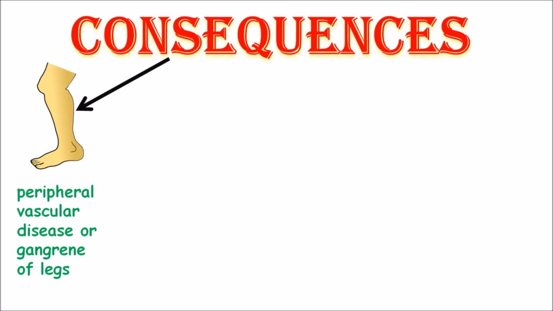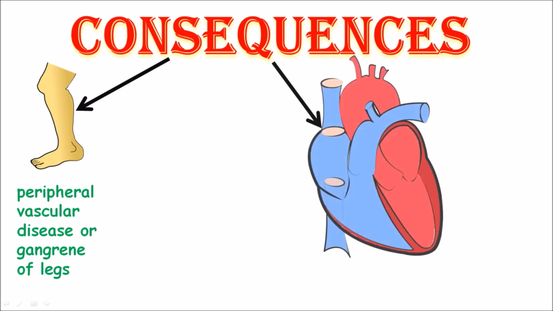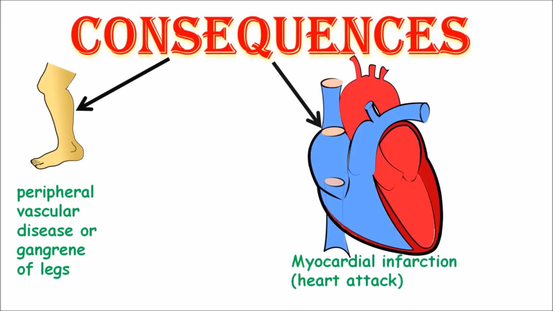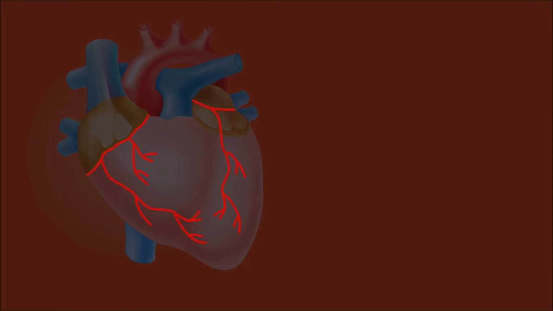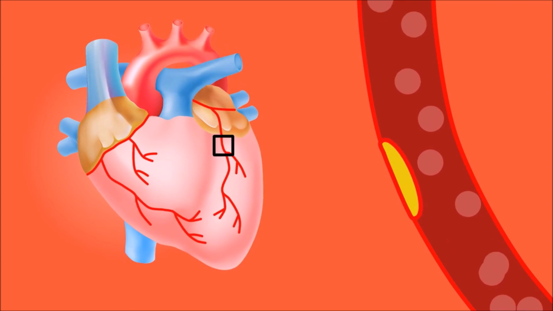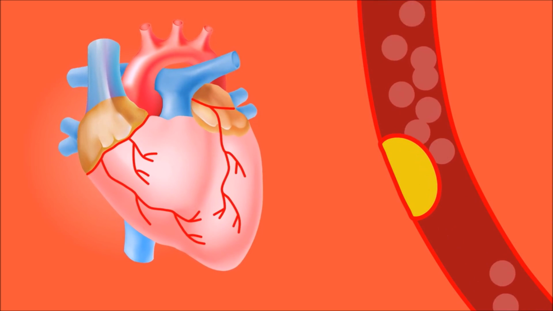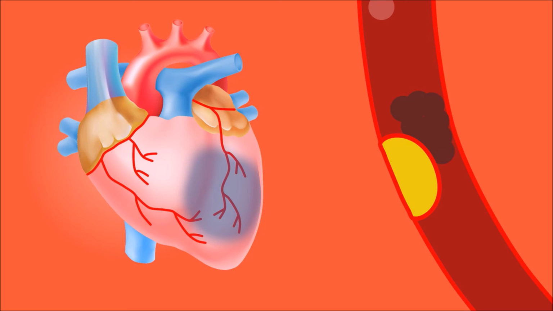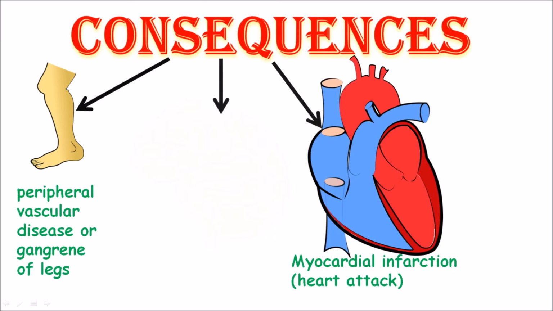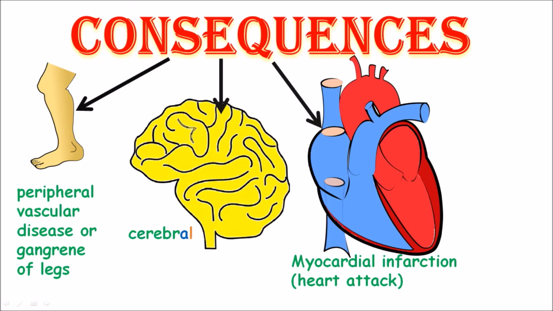Next, we have myocardial infarction. Myocardial infarction, popularly known as heart attack, may be accentuated, or the risk may be increased, due to blockage of coronary arteries by atheromatous plug. The next one is cerebral infarction, popularly known as stroke.